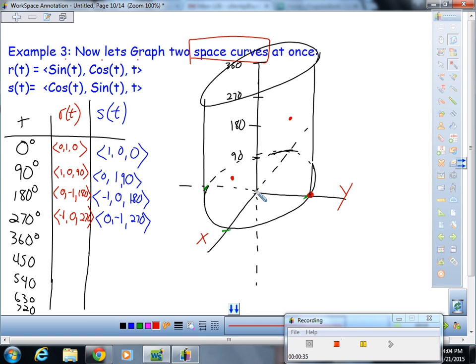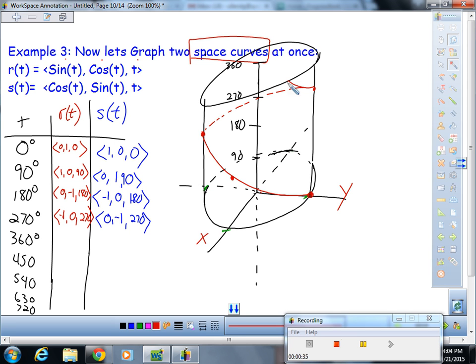Sorry, I just put this in the wrong spot. Negative 1, 0, 180 would be here. This is 0, negative 1, 180, and then negative 1, 0, 270 is going to be up here. And you can maybe picture this like that. Now the blue one, and then here it's going to start climbing again.